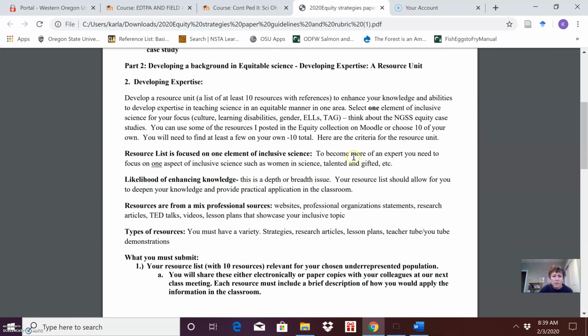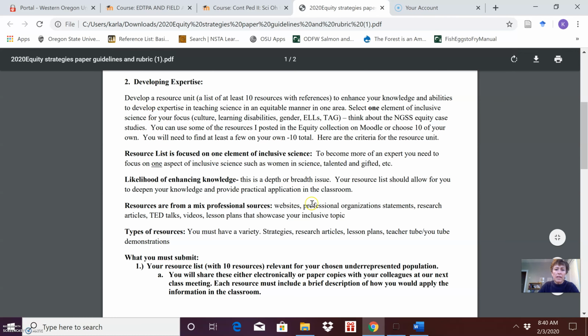In addition to the case studies and the resources that I've provided, you're going to compile a list of 10 resources that apply to your specific population. Looking through the NSTA Learning Center is a good place to find resources, as are some of the academic journals.